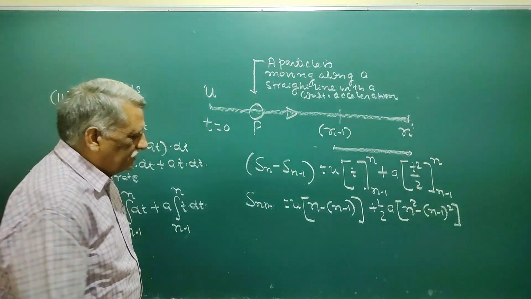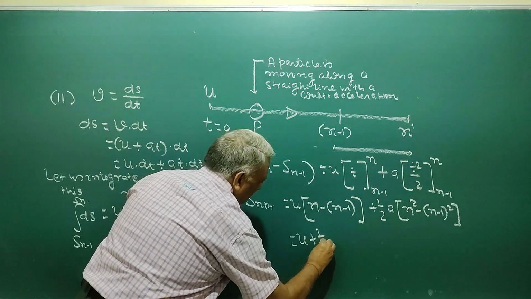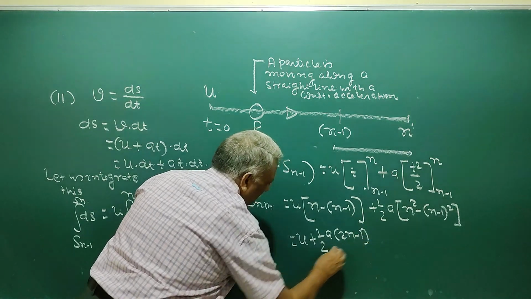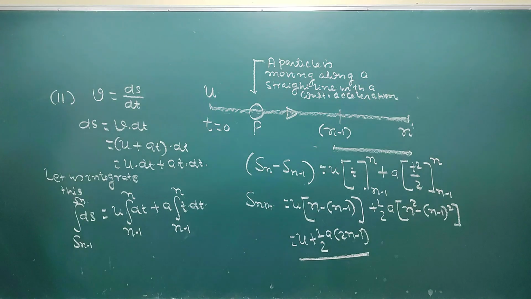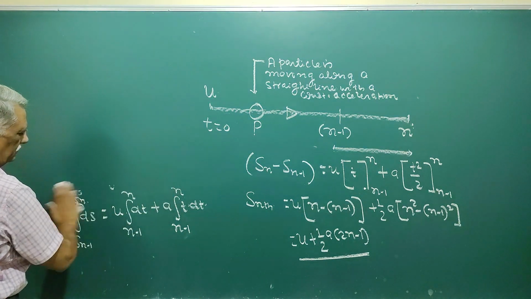After simplifying this, we get u plus half a (2n-1). This is how we can derive this relation of kinematical equation by calculus method. This is integration. Now let us consider a problem.